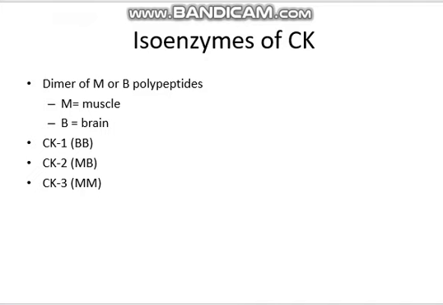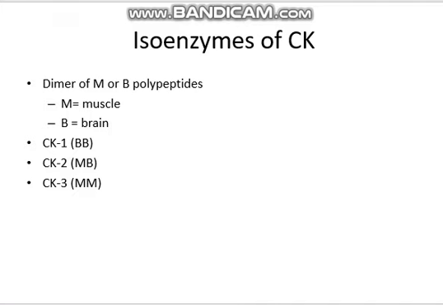There are three isoenzymes of CK, and they are designated by letters or by combination of letters and by numbers. These isoenzymes are CK1, CK2, and CK3. CK1 is also known as CKBB, CK2 is CKMB, and CK3 is CKMM.